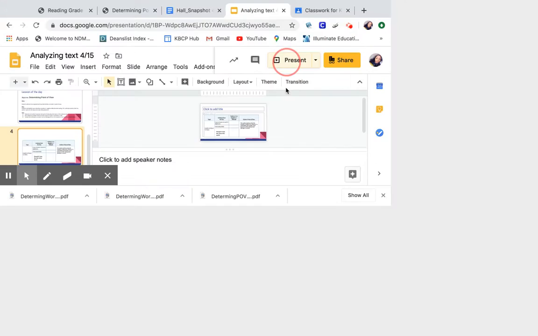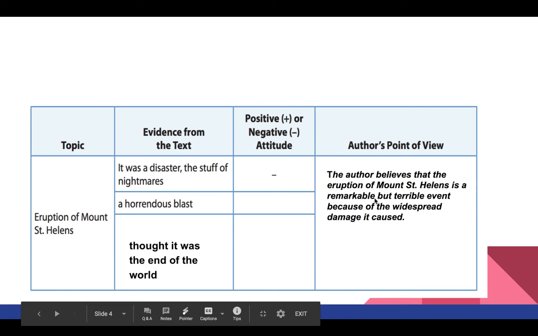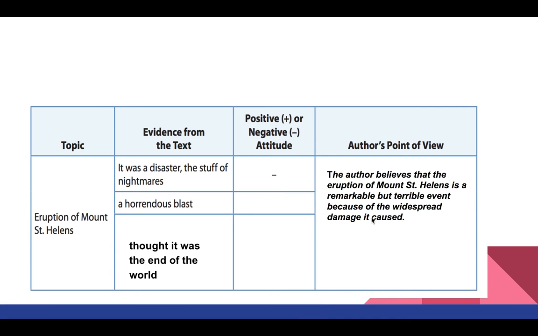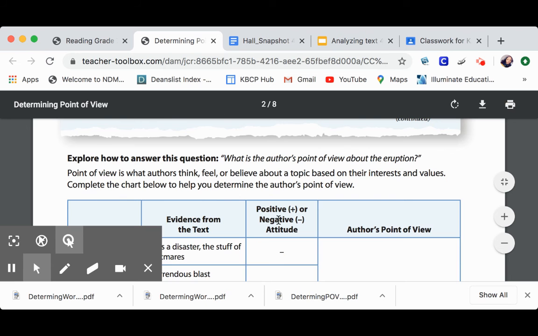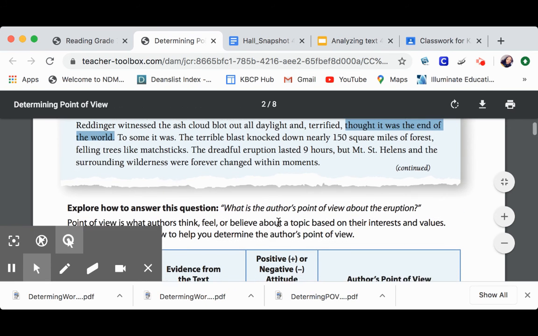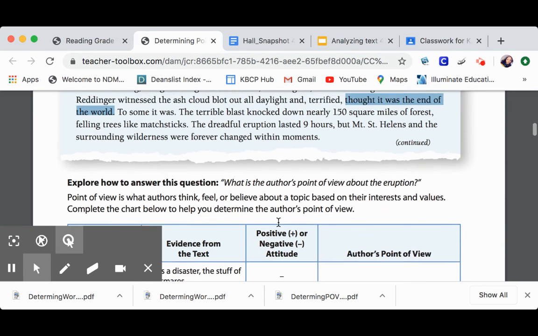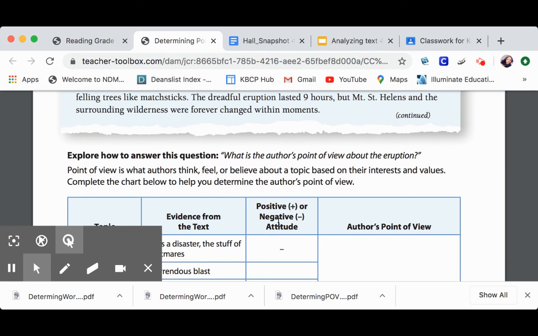That will go along with what I just said as far as it was a remarkable but terrible event because of the widespread damage it caused. It just said that the place around the mountain was changed within moments. Meaning the author was feeling some type of way about that. Changed in moments, meaning it's not the same anymore.